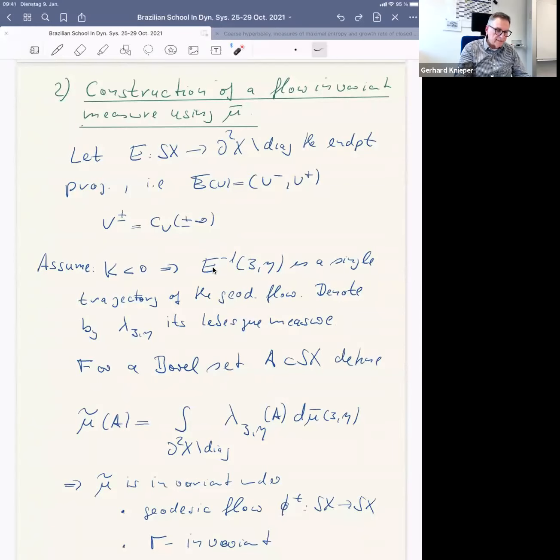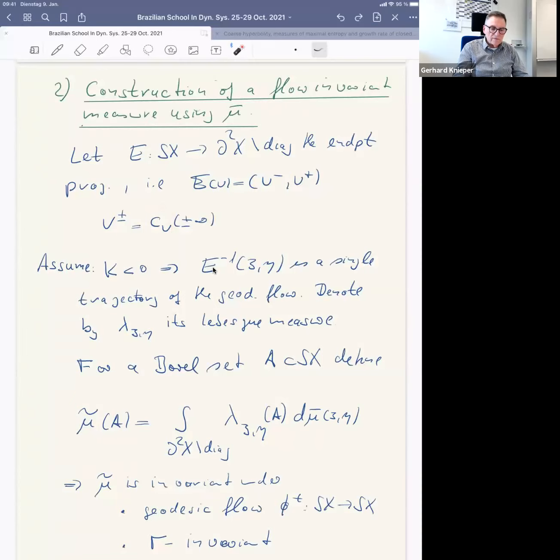So I take a vector v in the unit tangent bundle, and I denote by v minus and v plus the negative endpoint and the positive endpoint of the associated geodesic with initial direction v. Okay.